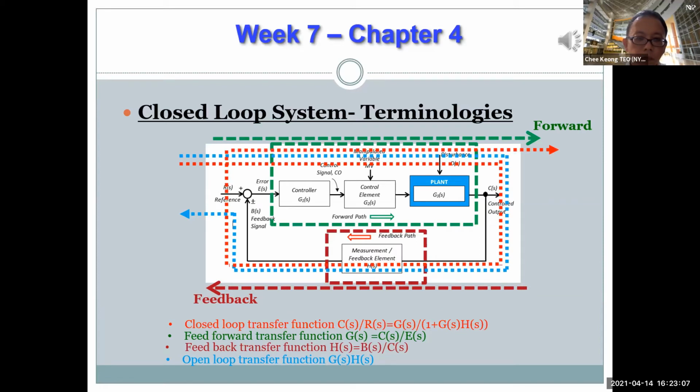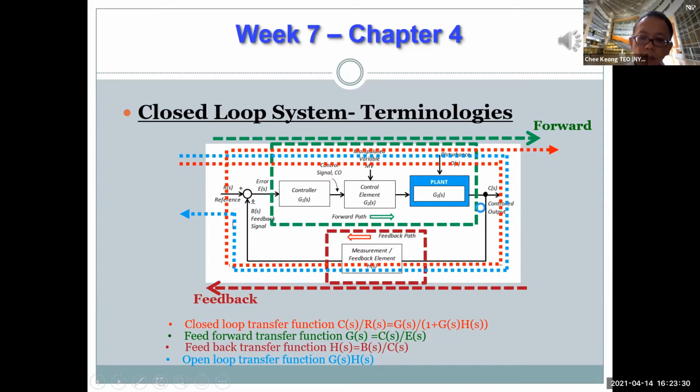Finally, the closed-loop transfer function talks about the net effect of G(S) and H(S) interaction in a feedback system. If you look at it one by one, very straightforward, the forward gain is the one where, if I move from the input to the output, those blocks involved are all the forward gain blocks, right? So if you multiply them all together, that is your forward gain.